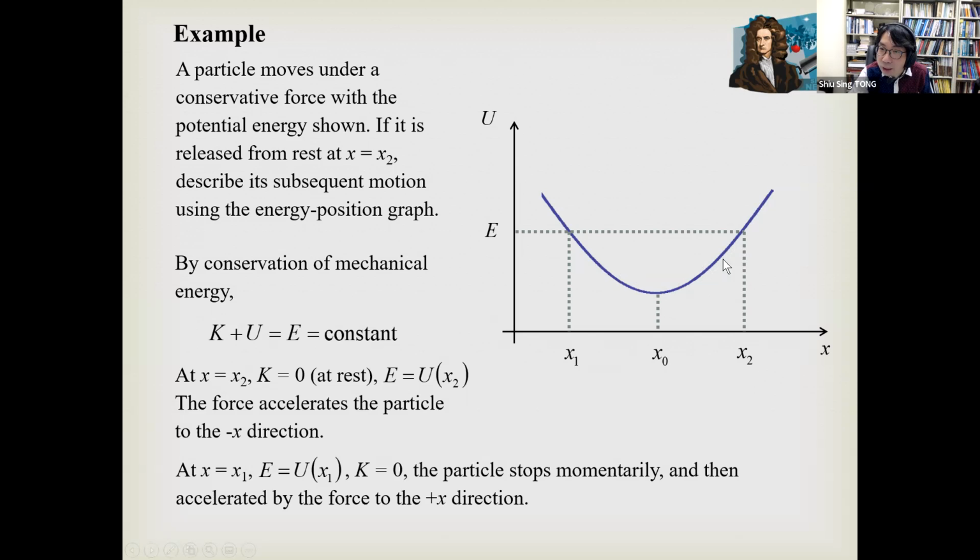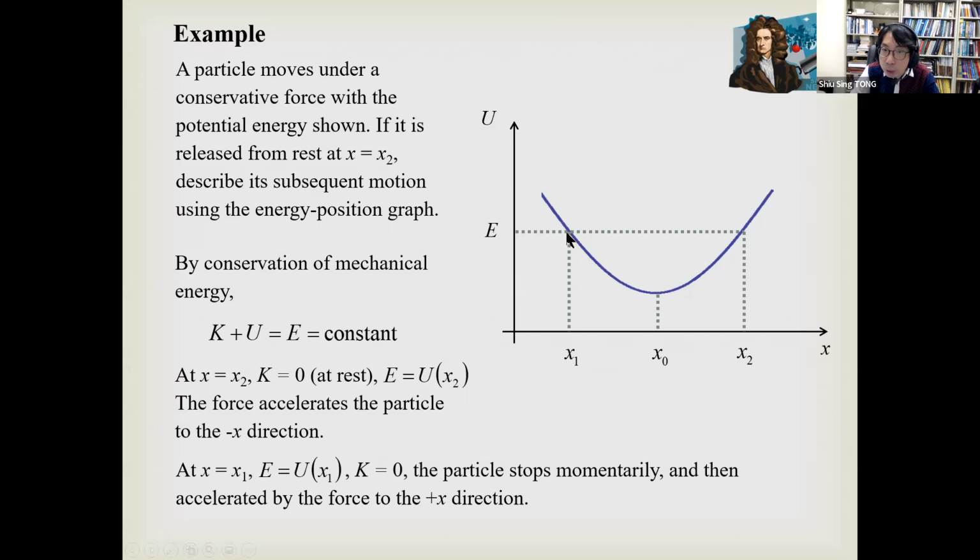After passing through x naught, it's decelerated by the force, because when the object goes up, the force tends to pull it back to the equilibrium position. So the speed will decrease on the other side.